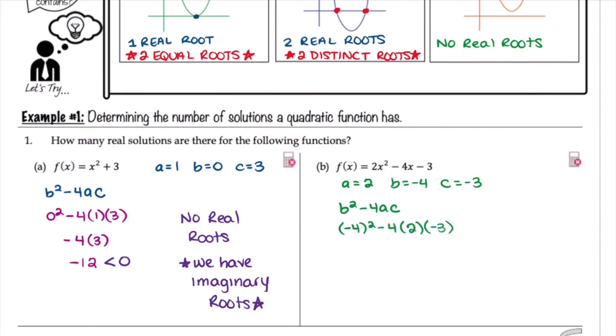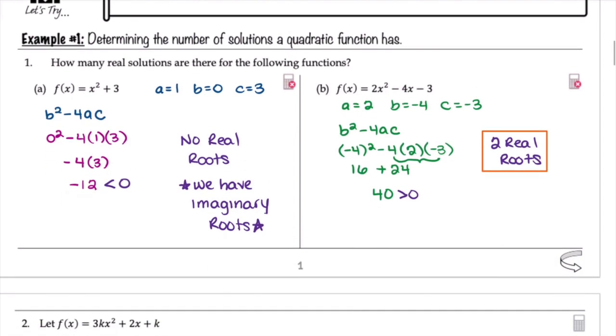And we're going to evaluate. And we get 40. So is 40 equal to 0? No, 40 is a value that is greater than 0, which is telling me I have two real roots, two real distinct roots.